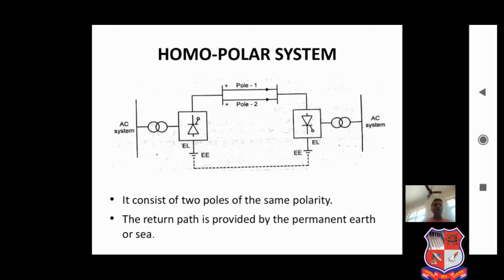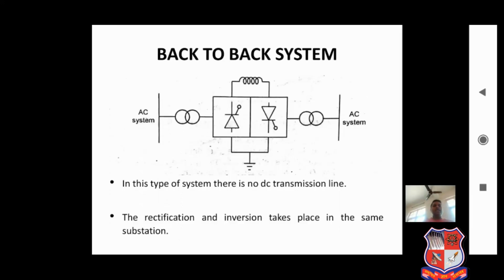Next, homopolar systems. In a homopolar system, 2 poles of the same polarity, usually negative, are used, and the return path is provided by permanent earth or sea water. Back-to-back system: back-to-back systems are not used for transmission lines.